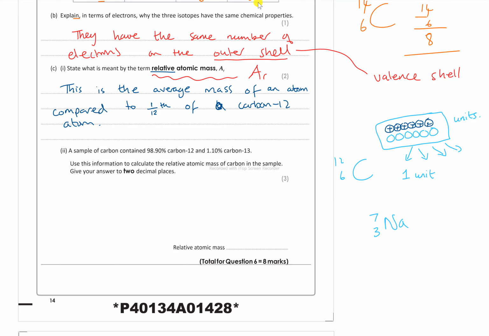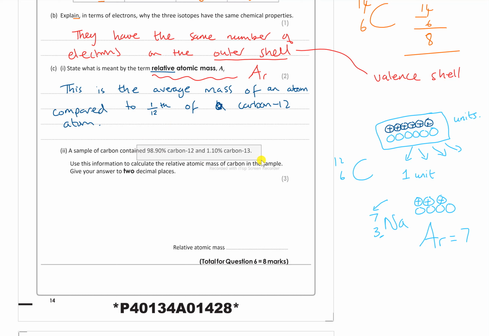What this is saying, this has got a relative mass of 7, so that means it's got 3 protons, 1, 2, 3, and 1, 2, 3, 4 neutrons. So this has a relative atomic mass of 7. So you'd say Ar of 7. We'll just leave it like that.